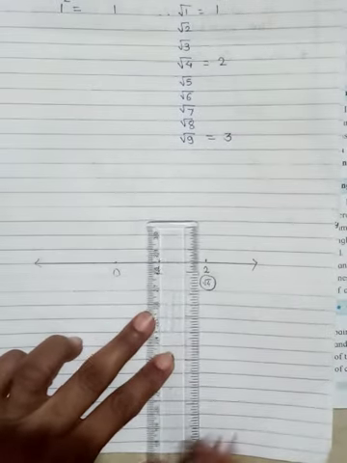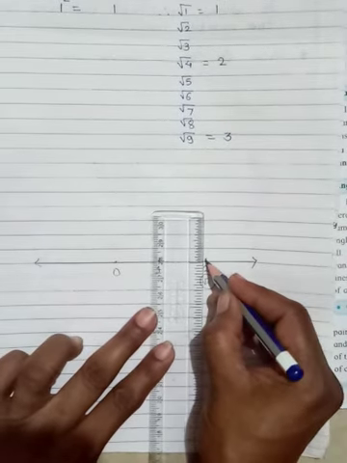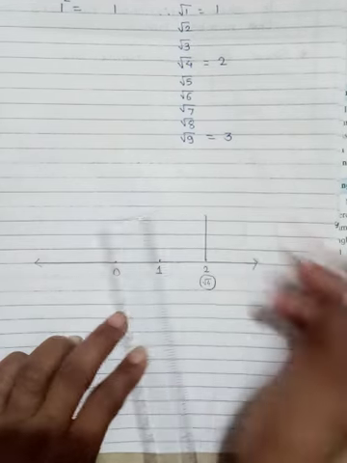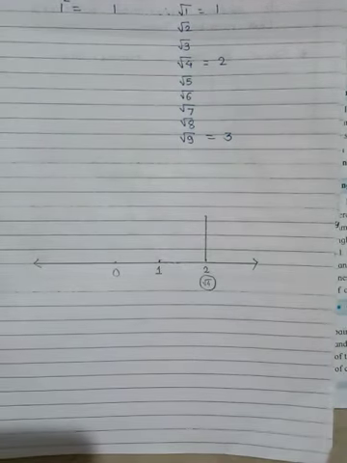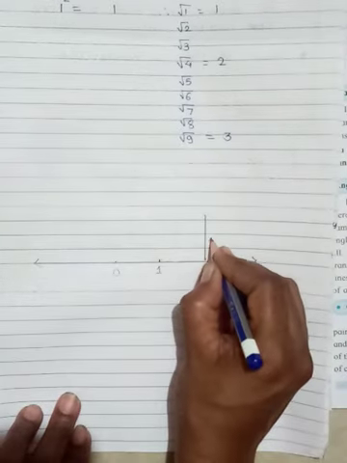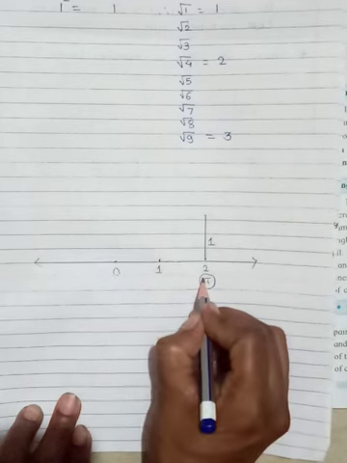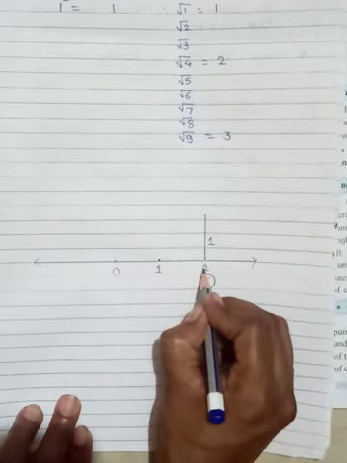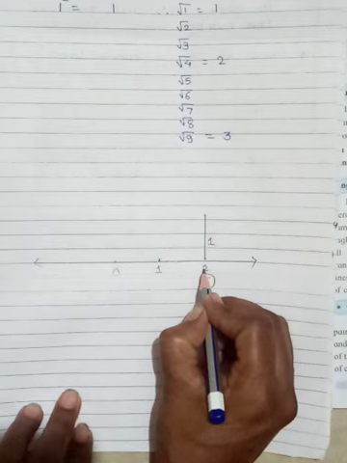So, draw unit distance perpendicular at this point. Now listen carefully. This is unit distance means 1 and this is root 4 means distance 2. Okay?